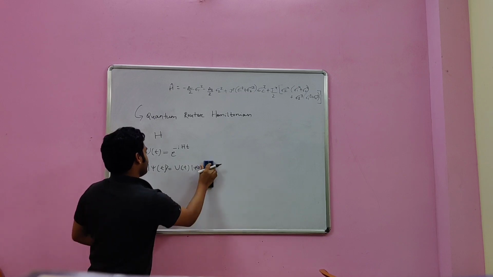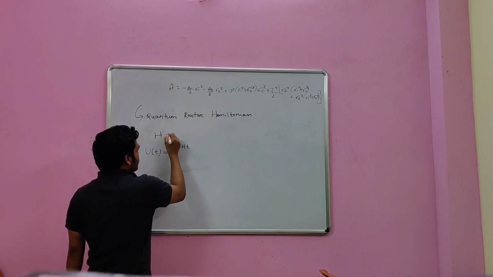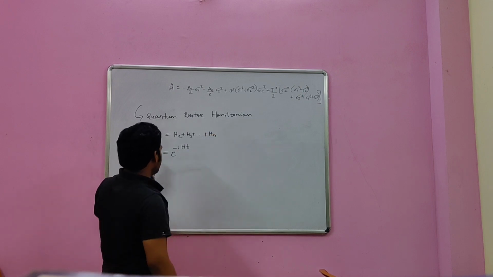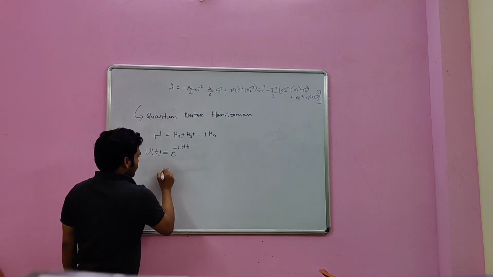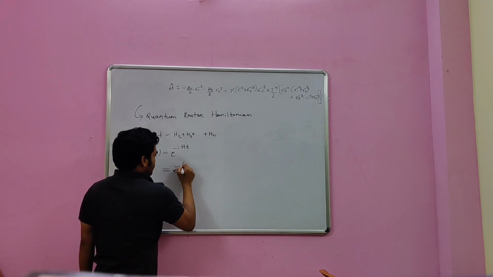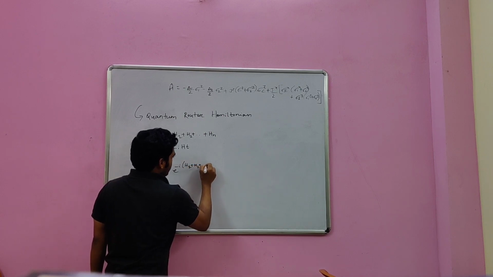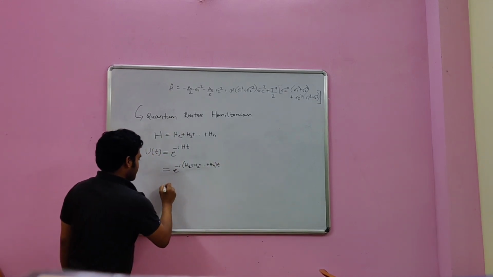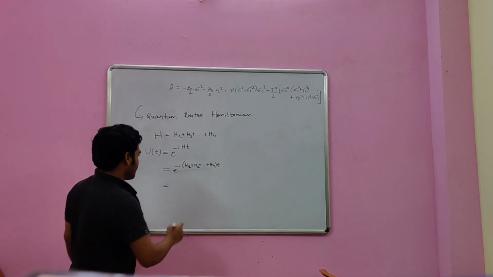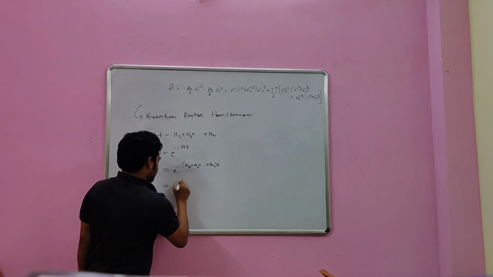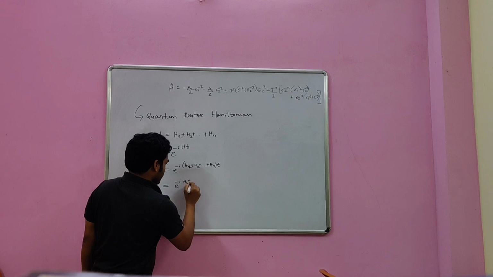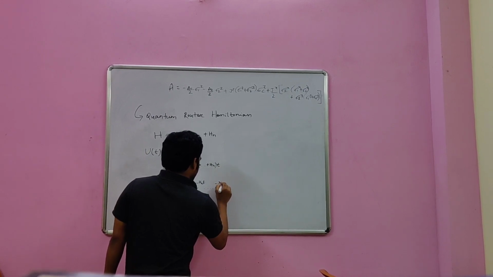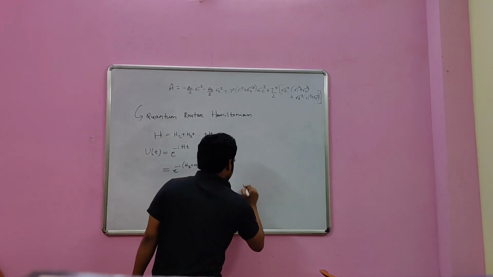So, for example, suppose our Hamiltonian is like H1 plus H2 up to Hn. If the Hamiltonian has n terms, then the unitary operator will be, we can write this term as a product of exponentials.